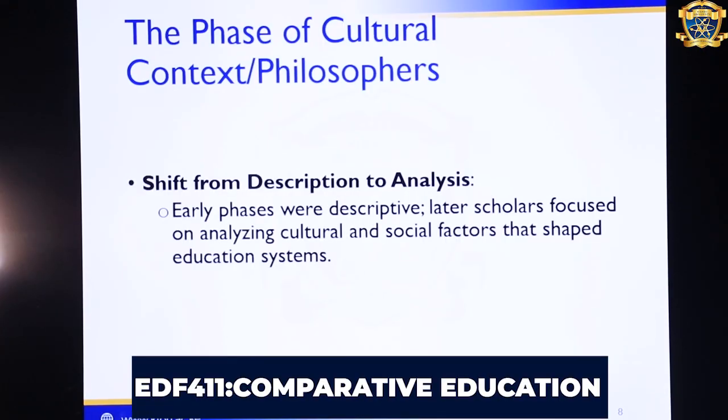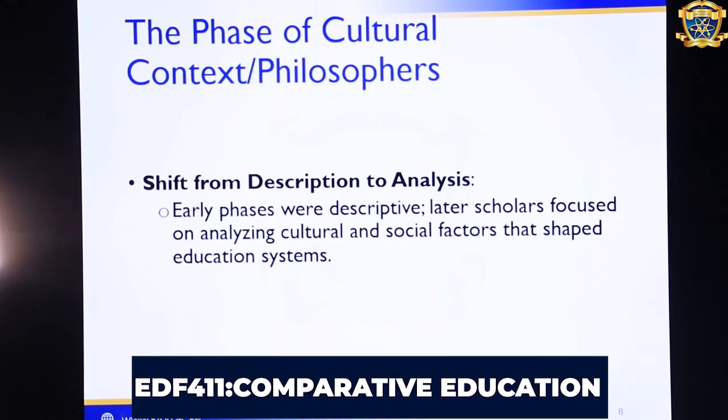Thinkers and philosophers started analyzing education in relation to society, not in isolation. For example, they considered how religion, traditions, values, and community structures influence what children learned and how schools were organized. This becomes a turning point because it marks a move away from mere observation towards systematic reflection.